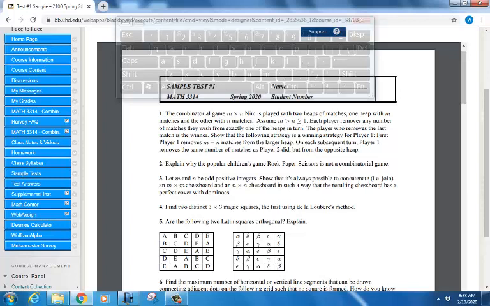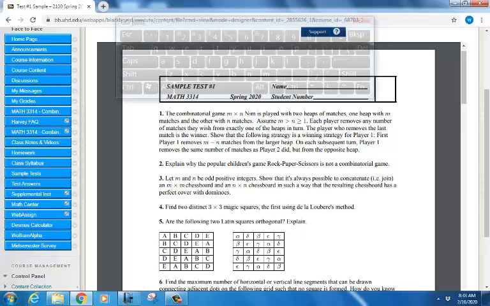If you look in the notes, we probably didn't stress it a lot in class, but there's a definition of combinatorial games in there, so you can see how this misses. That's a pretty straightforward question. For those of you who don't know rock, paper, scissors, you can just look that up on the internet. There are explanations of how that game goes.